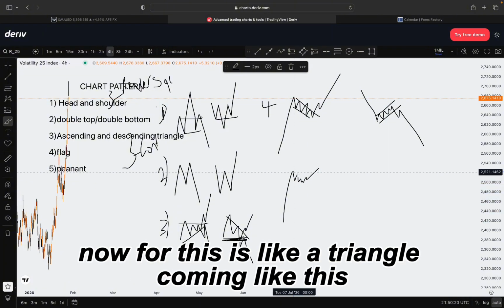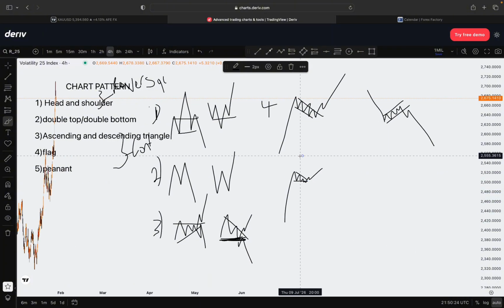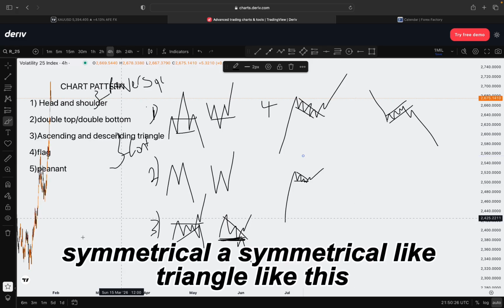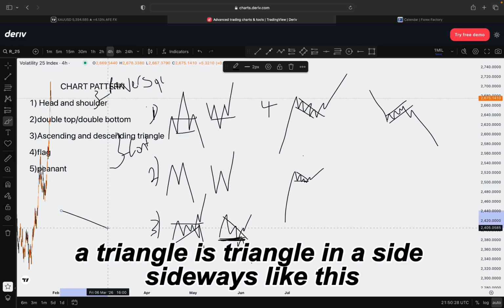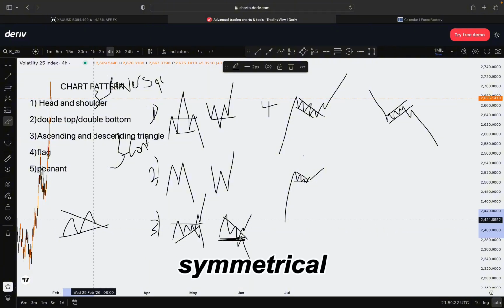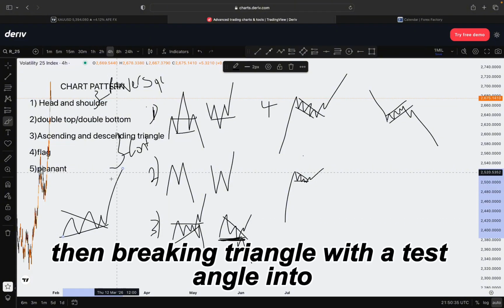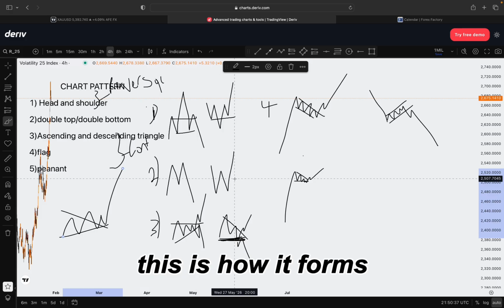Now this is like a triangle coming like this, symmetrical, a triangle sideways like this, then breaking through, retesting and going through. This is how it forms.